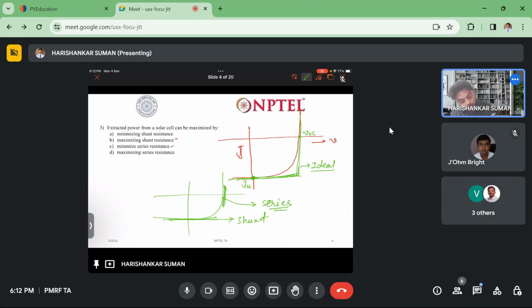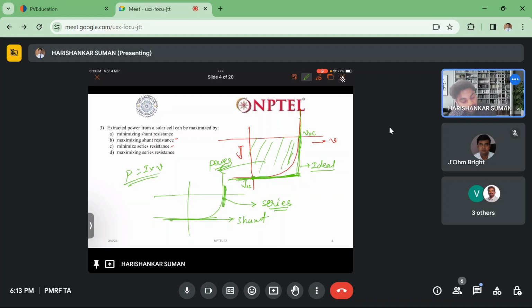So power is actually I into V, the area under the curve gives power. So when power is maximized, in the ideal situation, the curve is rectangular. The shunt is infinite, the series is minimum.